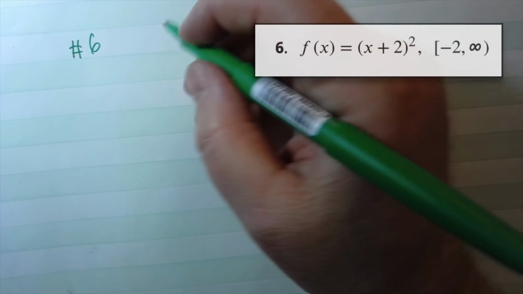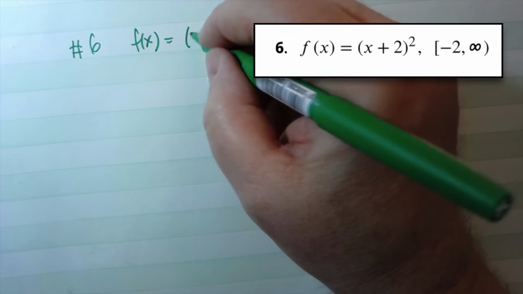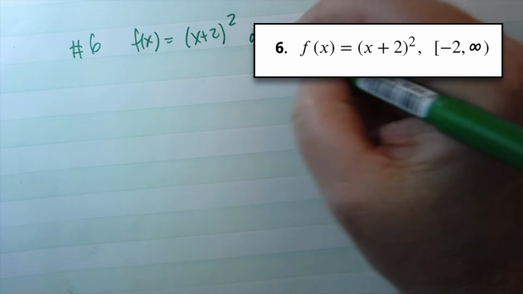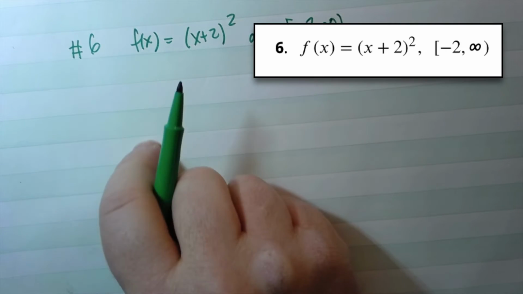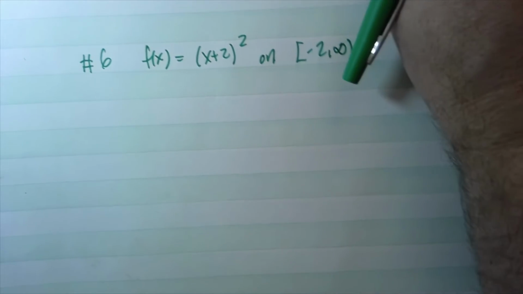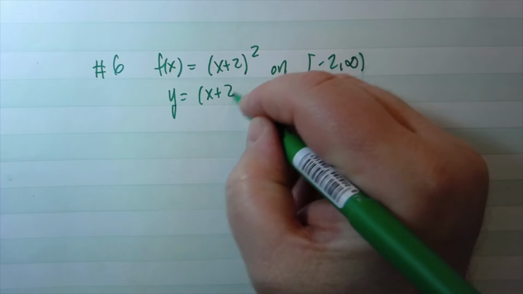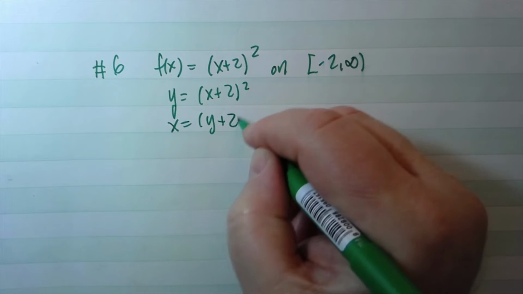All right, so let's do this problem number 6. f of x is equal to (x + 2) squared on the interval -2 to infinity. So one of the ways we do this is we just have to put a y in here, switch the letters, and now solve for y.